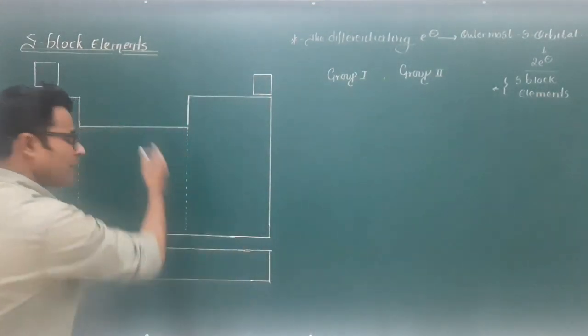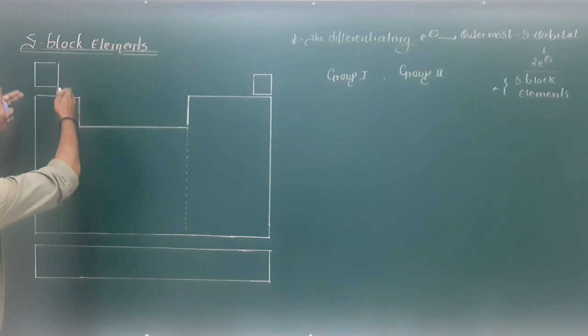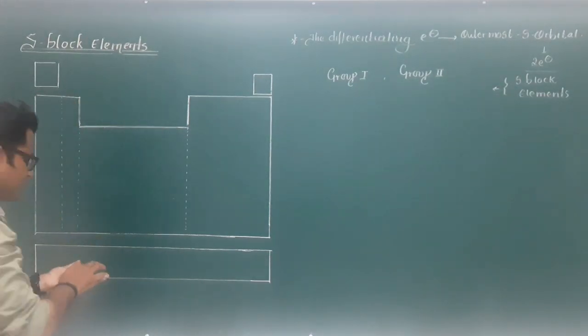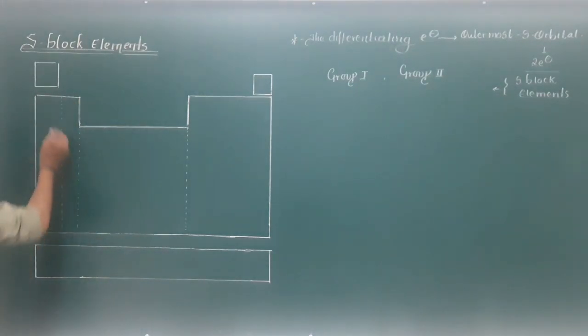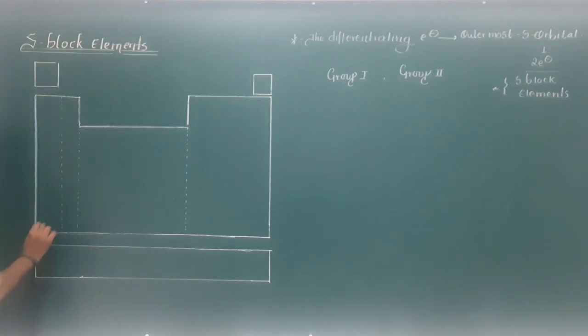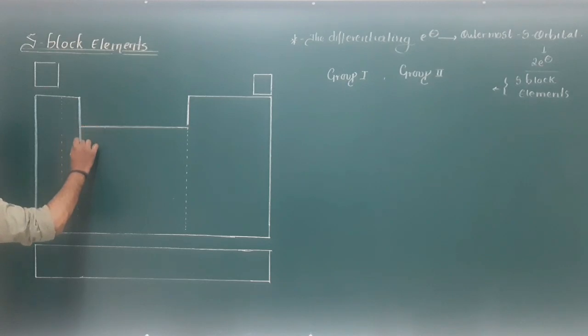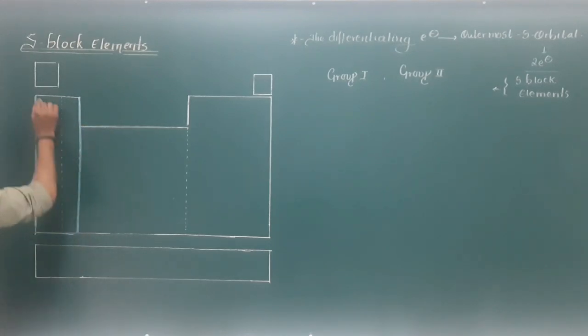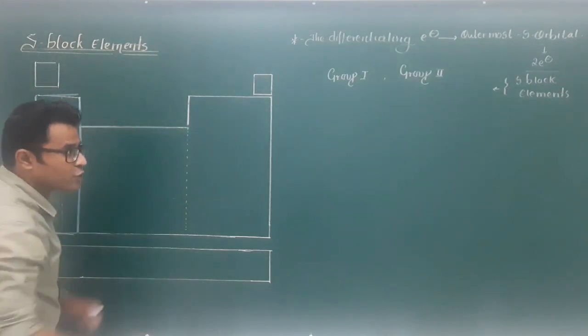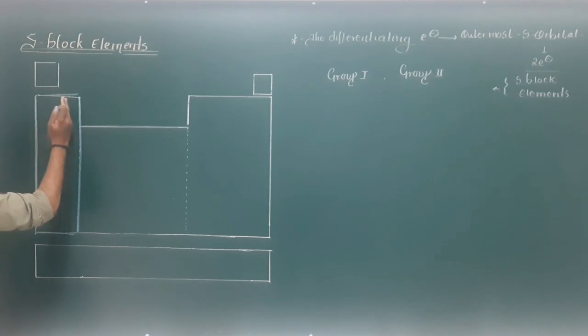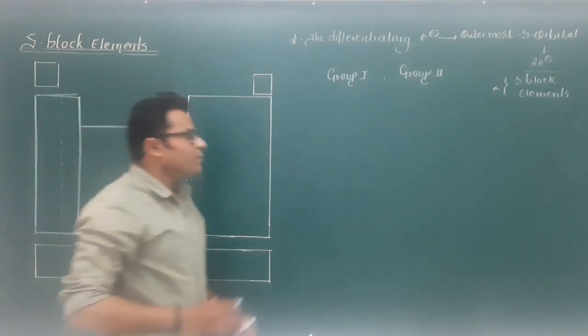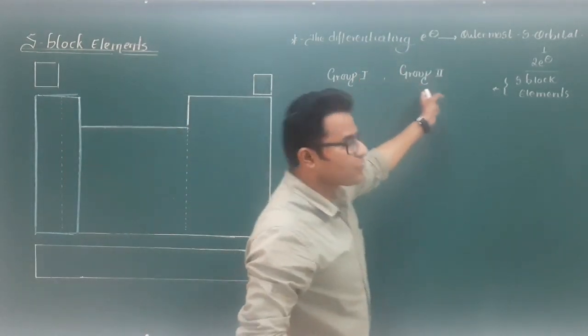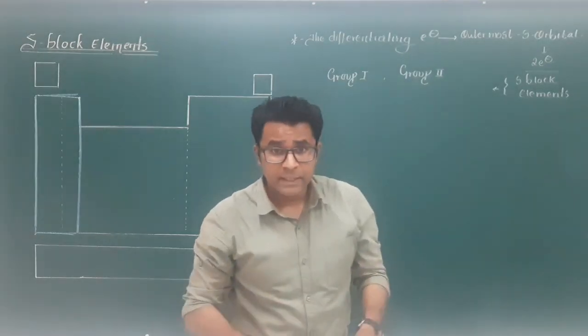They are represented in the leftmost corner, and this entire section represents the s block elements. They are categorized into group 1 and group 2, which we can also call group 1A and group 2A respectively.